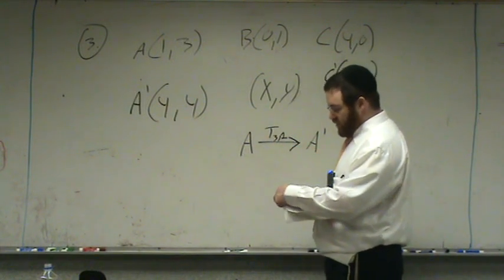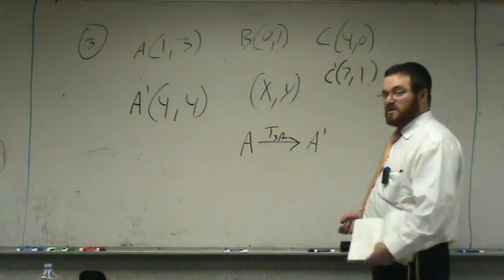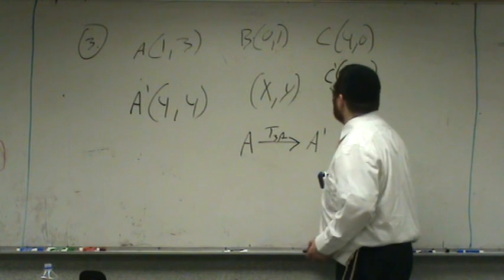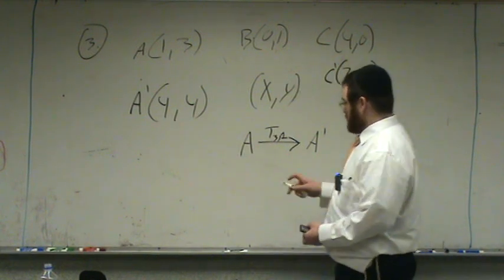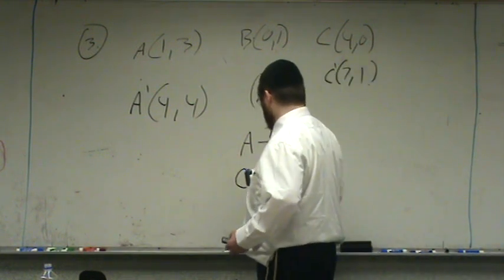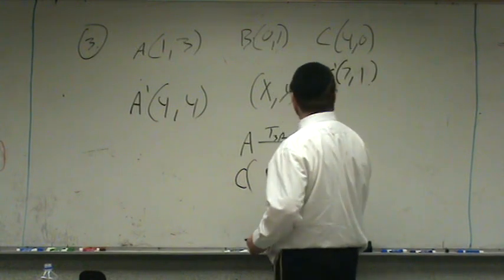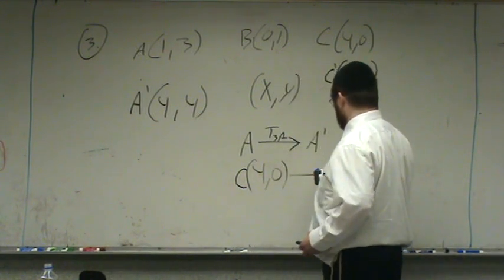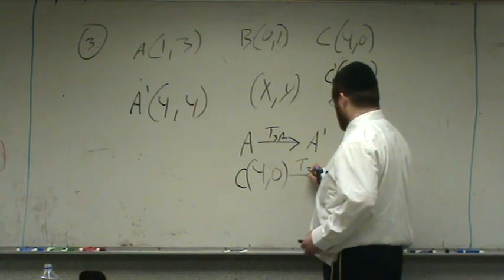Now, under this translation, point C is located where? Well, let's check it out. C is 4, 0, with a translation of 3, 1.